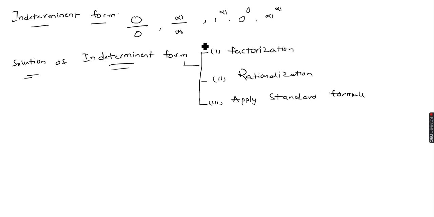Or we write, take as common element. We use one of the methods, this is 2, this is 3, and this one. So that is take as common. Okay, these are the various methods.